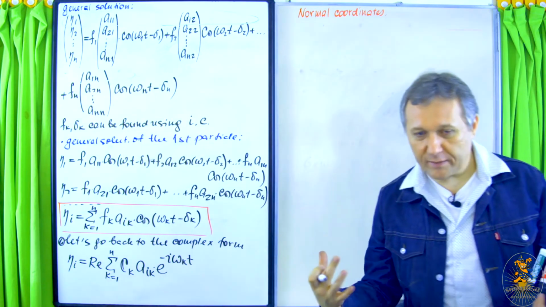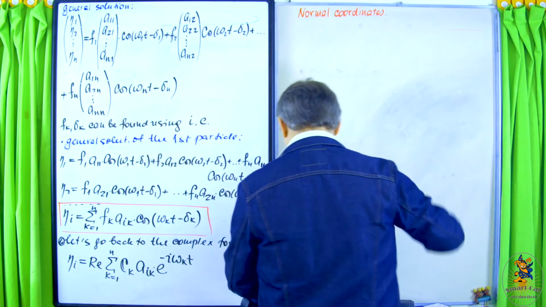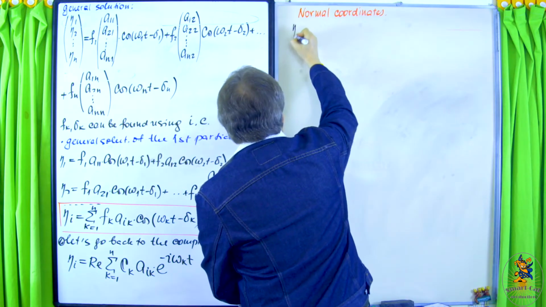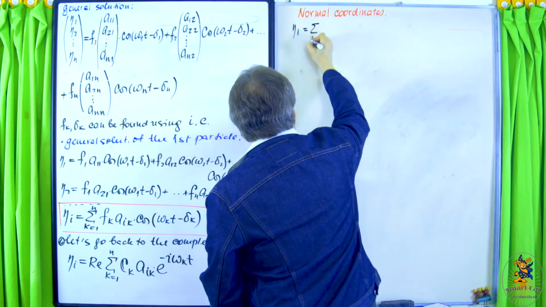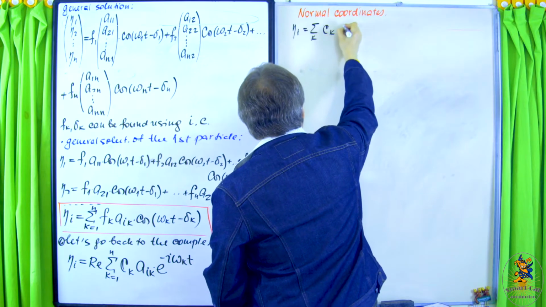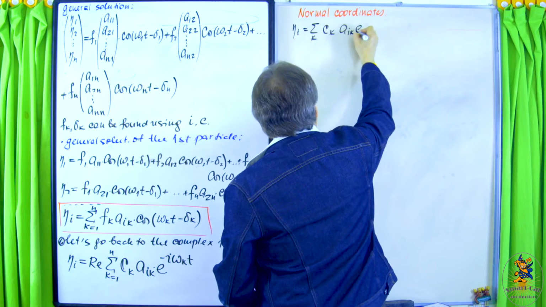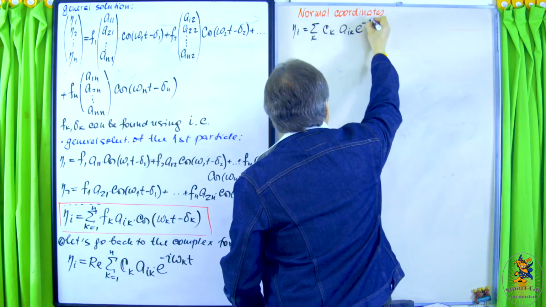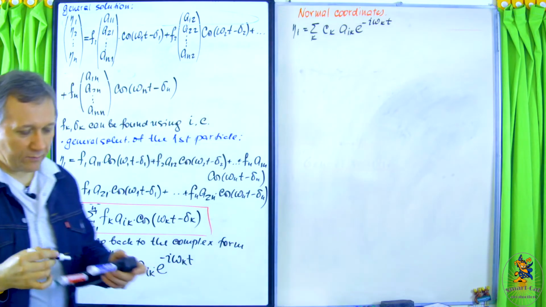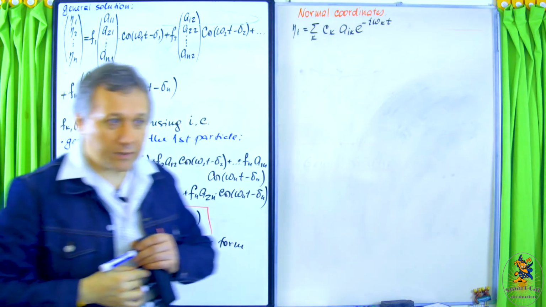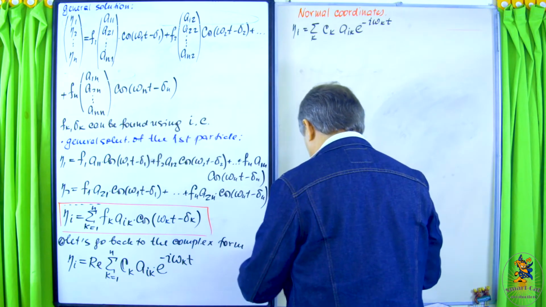So the major idea, the point from which we're going to start: eta i is the summation over k of c_k a_ik e to the power of minus i omega_k t. Okay, and now let me write this sentence, because it's very important for understanding. I just rewrite it from my notes.